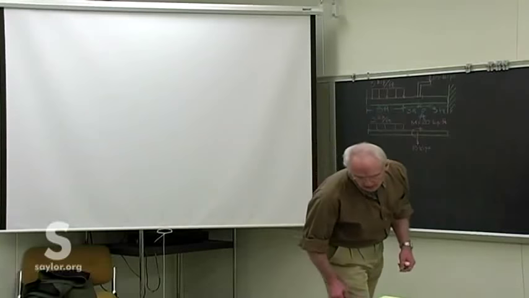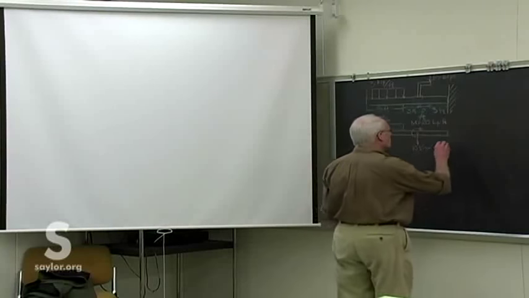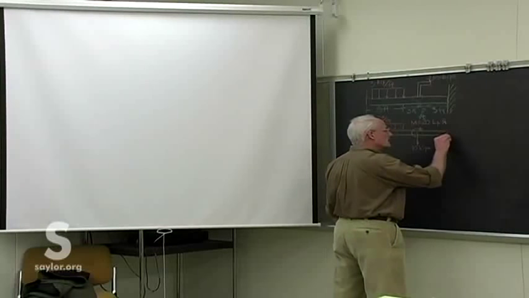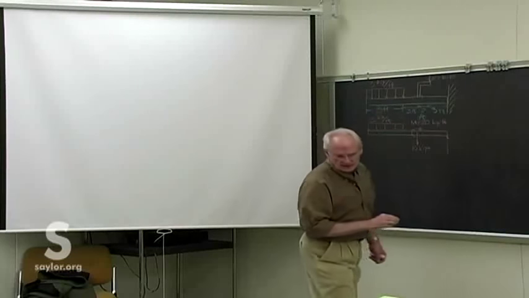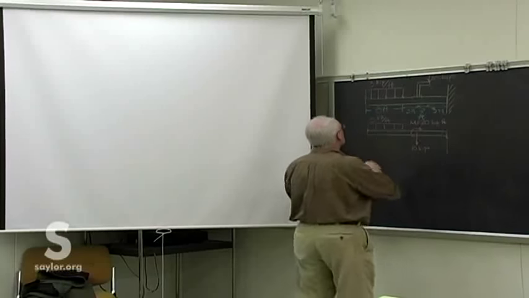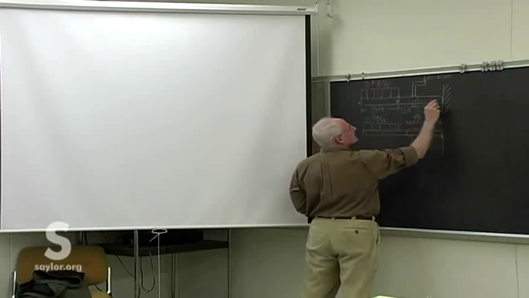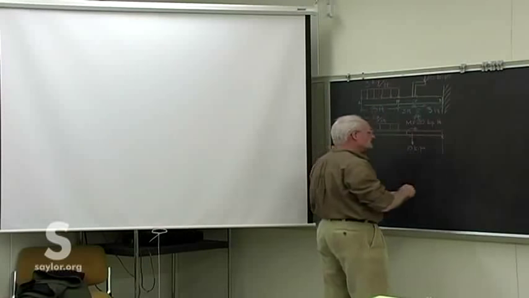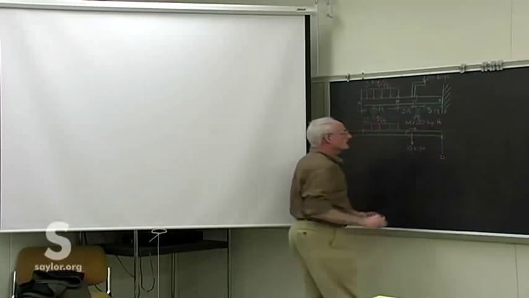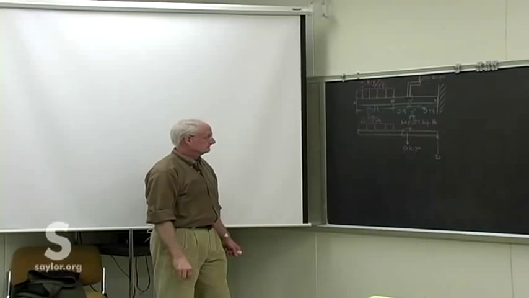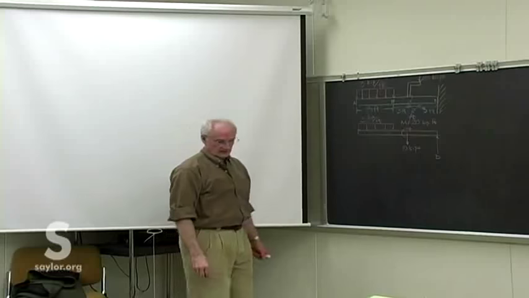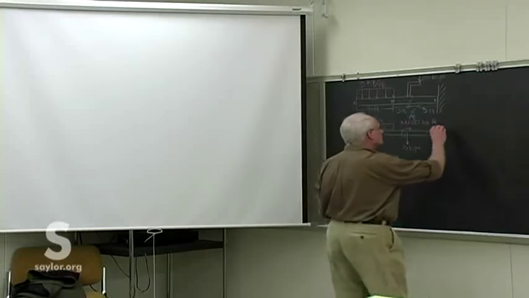And then also need to figure out what kind of support reaction is there. Label that in A, B, C, and D. So that's the load D. But it also affords some moment to it as well.